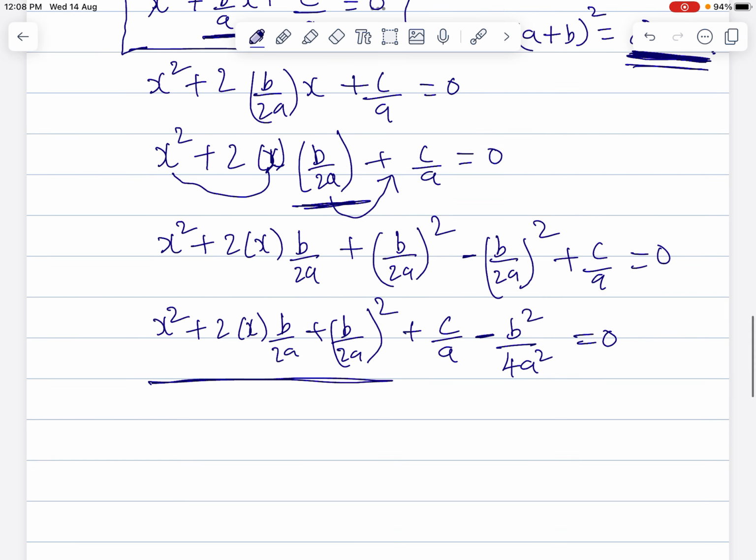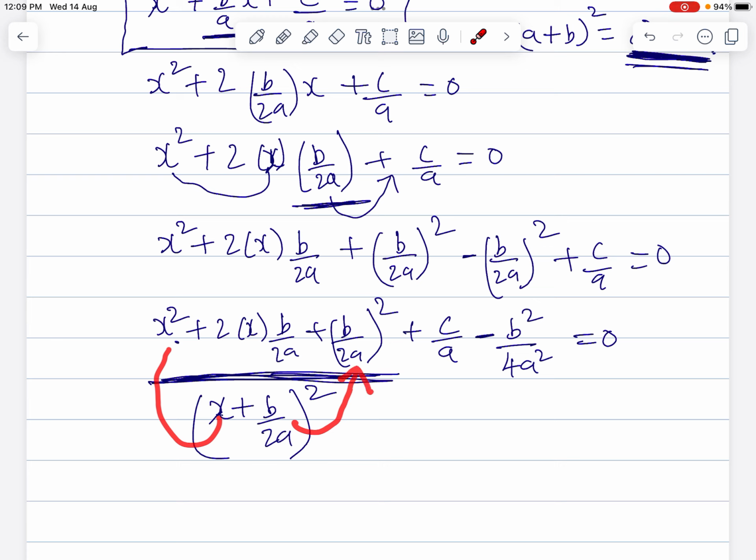Our aim is to make this a perfect square. So if you see, this is in the form x plus b by 2a whole square.